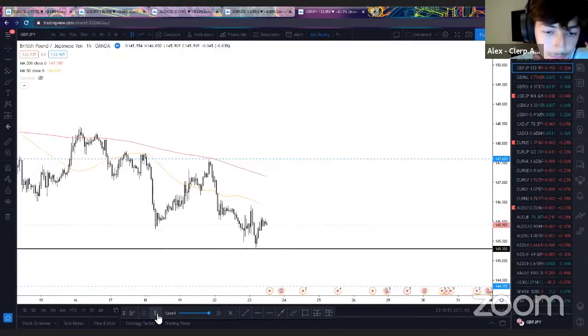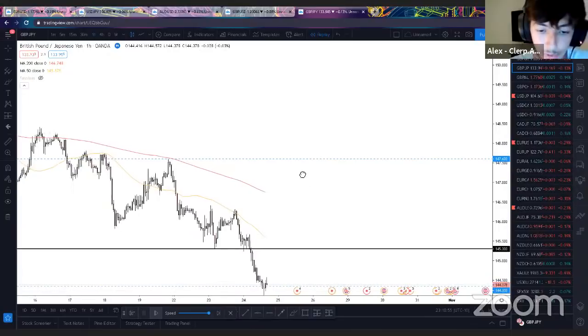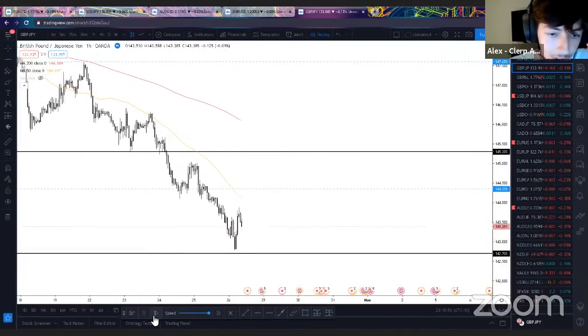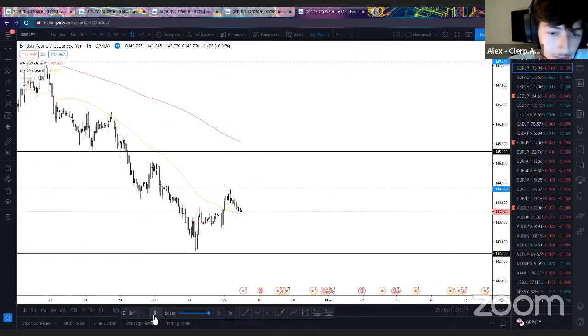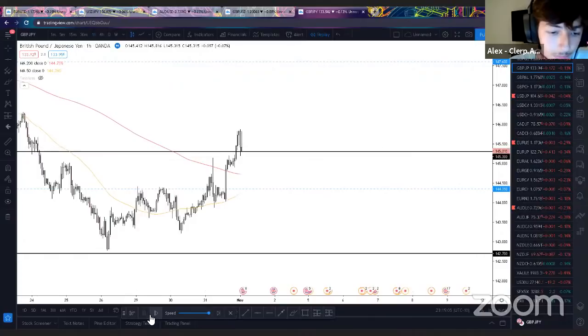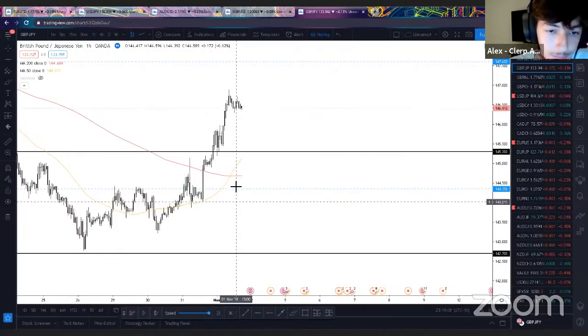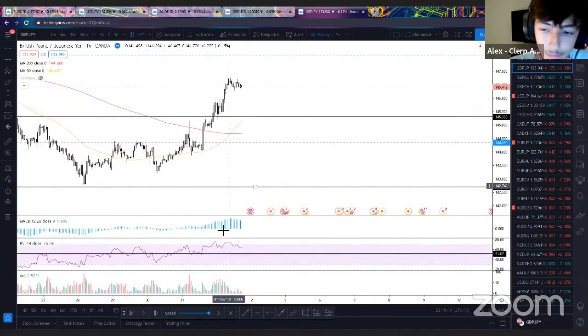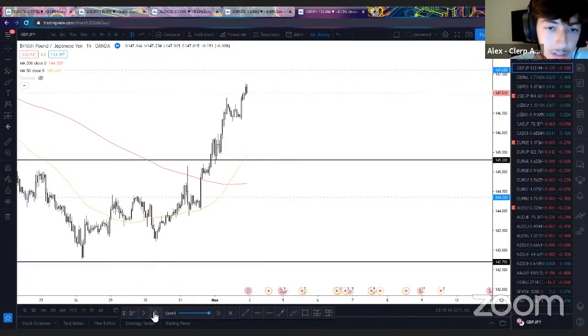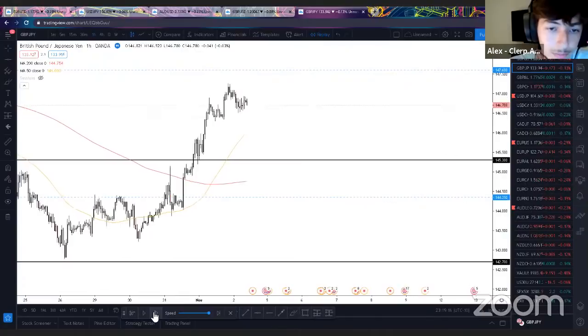Acting as support, broke the support. Now resistance, broke the support as well. Let's see. Okay, crossover. Above. Let's see if we can get it to come back.